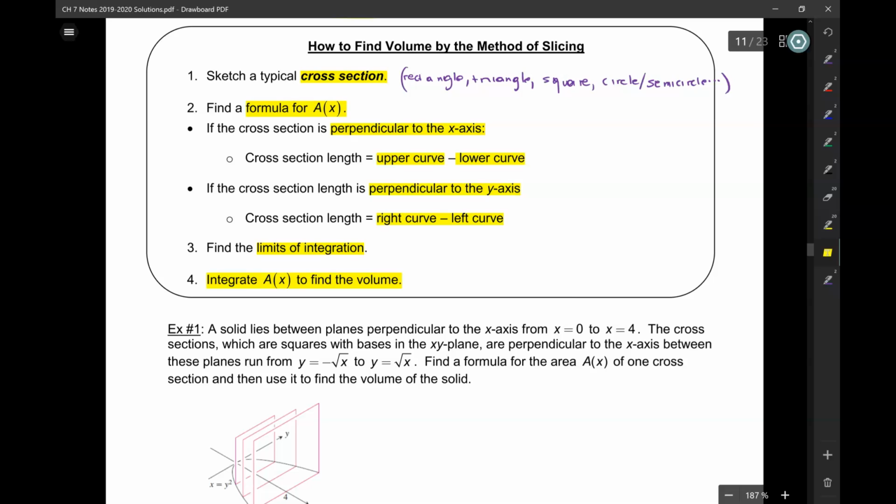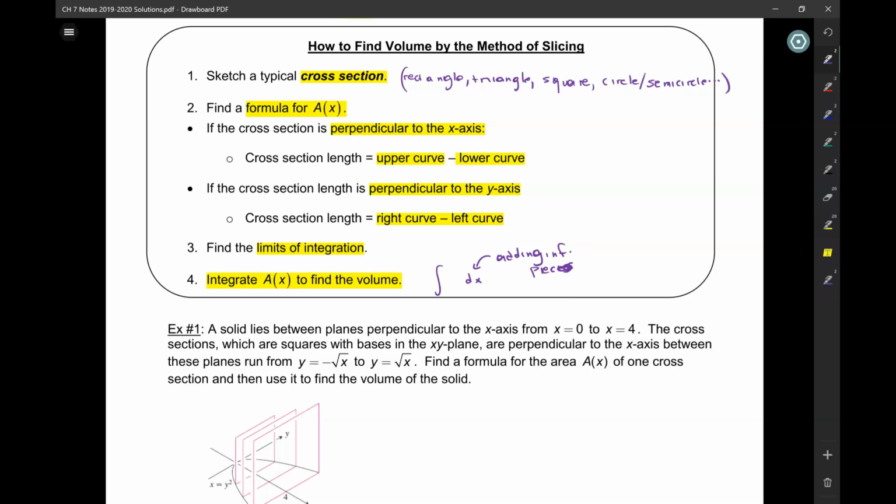So remember, when we integrate, that's like adding infinite pieces. And so if I have infinite disks, and I add up A times dx, area times the length, that's the volume, right?